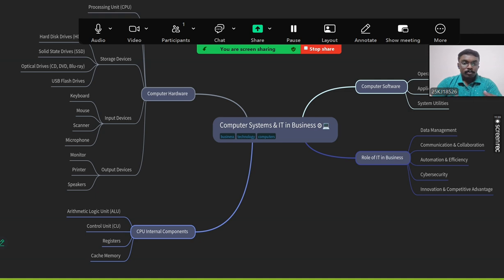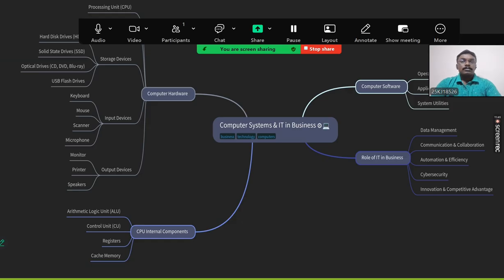Now, how does IT affect businesses, or what is the role of IT in business? Let's first talk about data management. Computers help us in analyzing a vast amount of data, gaining insights and taking decisions at the same time. The next one is communication and collaboration.